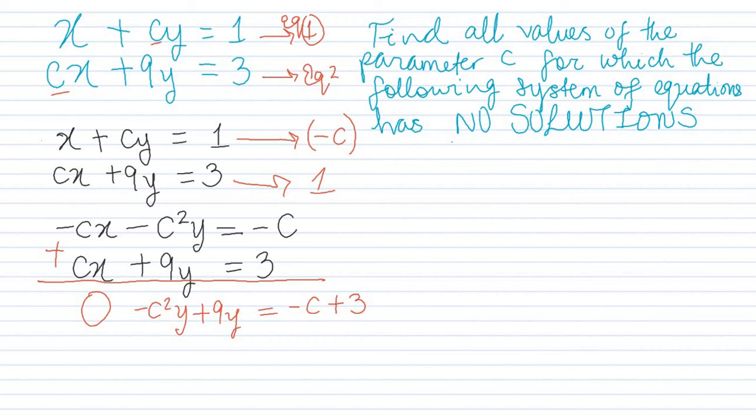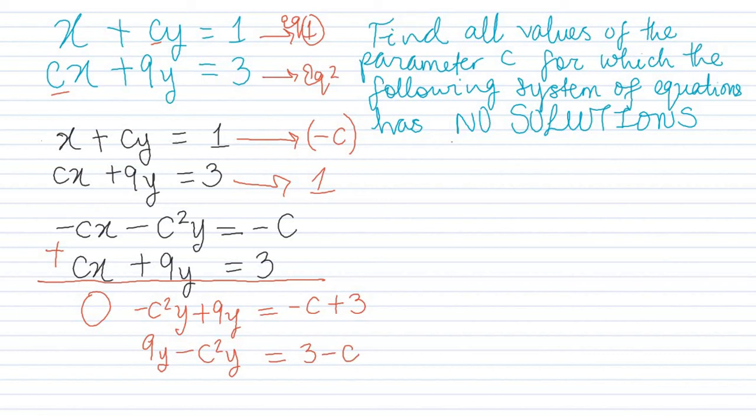So now this is what you have. We can rewrite this as 9y minus c squared y equals 3 minus c.